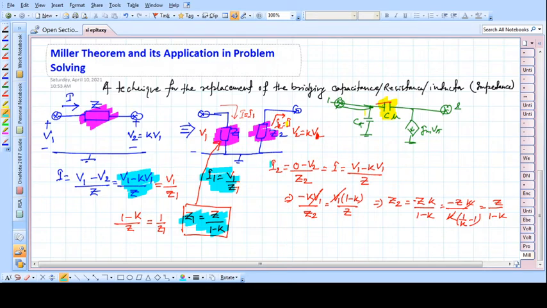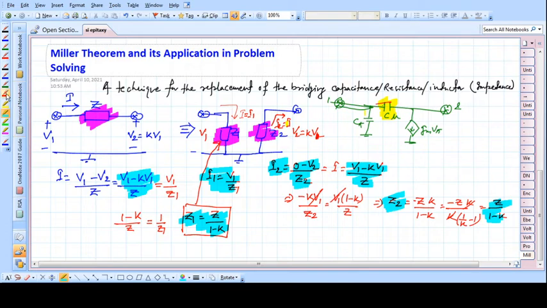Similarly for I2, we write the expression minus V2 by Z2, a simple Kirchhoff's voltage law, and I we know from the main figure. From that we can easily get Z2 as a function of Z.